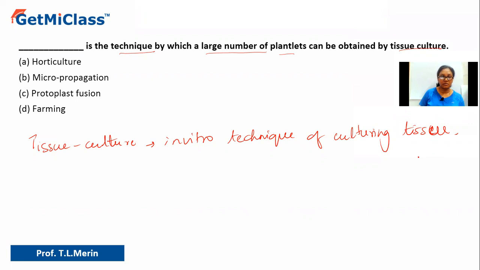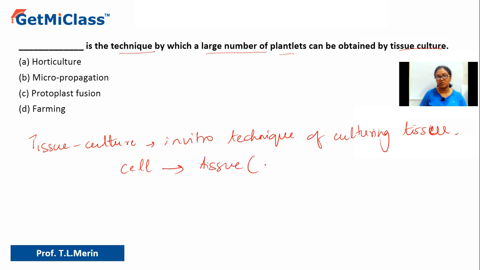It will become a tissue, and further you culture it, then it will grow into small embryos, and further the embryos will give rise to plantlets. So from one particular cell, or you can take a group of cells as well, if you take a cell, it will get converted into tissue.